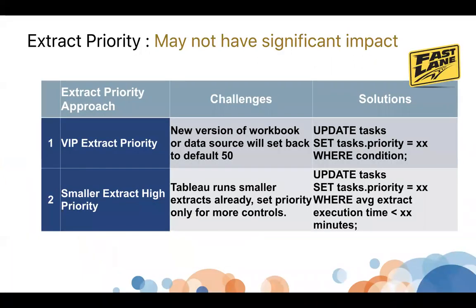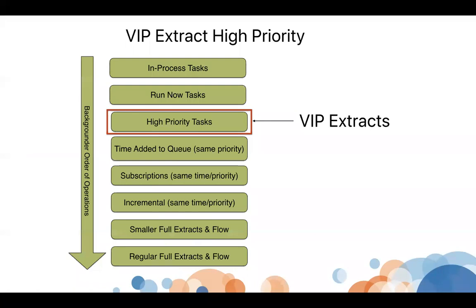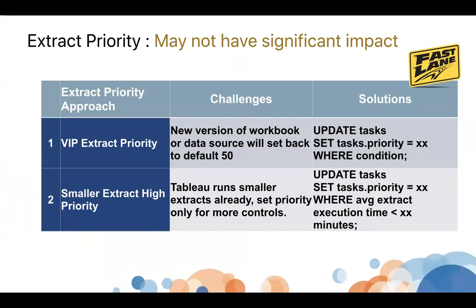Now let's go back. The challenge of doing so. Actually, I want to show you. The higher priority tasks do bypass a few things. They do get priority, there's no doubt, no question. But the challenge is, let's say you give a higher priority to certain VIP extracts.